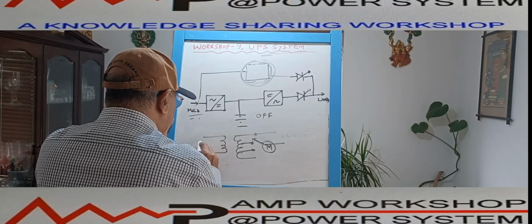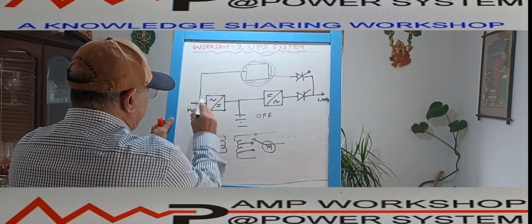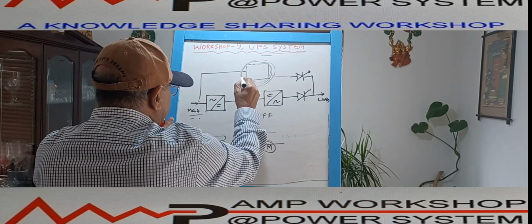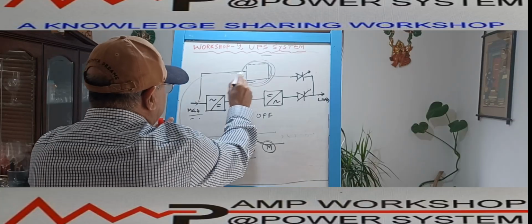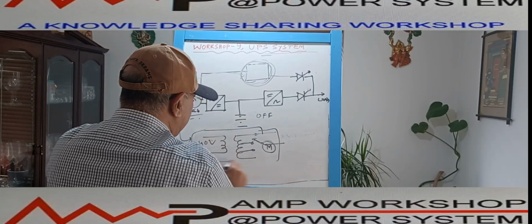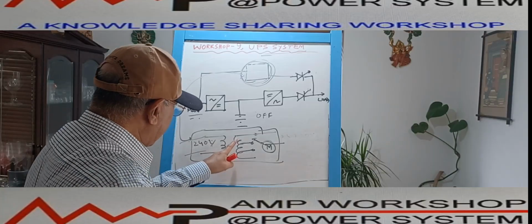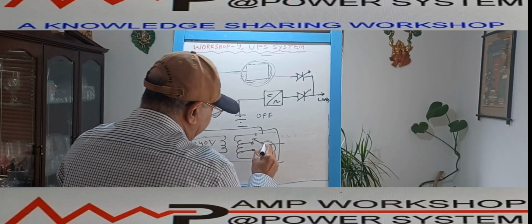This is the input voltage where I don't have control. Suppose it is 240 volt input supply. This is a buck boost transformer. The input side is this. The input supply 240 volt is coming over here. Then the output is not fixed.